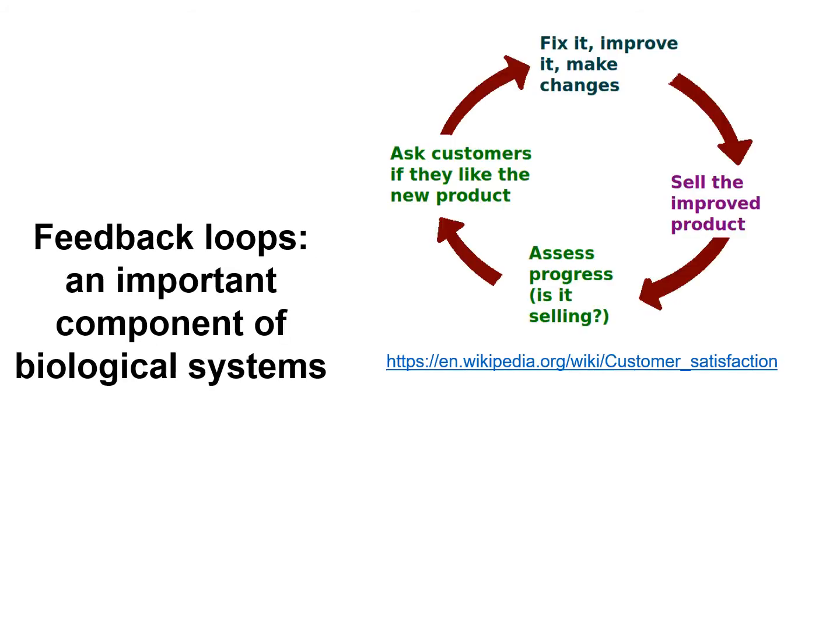I talked initially about feedback loops. And feedback loops, as you may have realized, are a very important component of designing a system to achieve a specific objective. Here is an example of a customer satisfaction feedback loop.